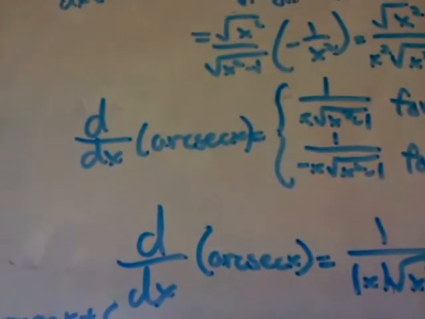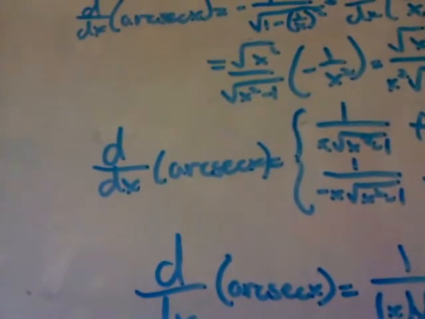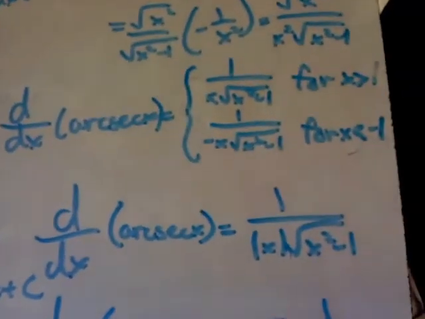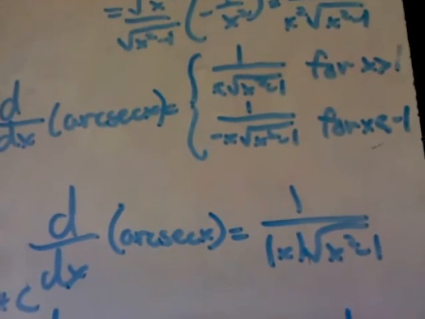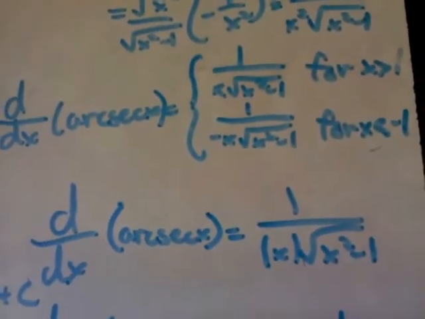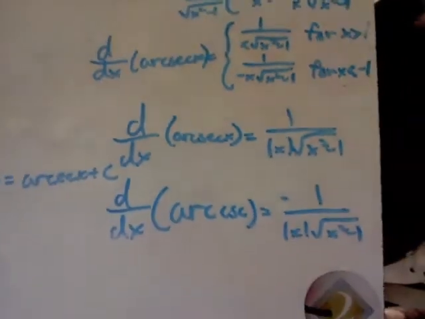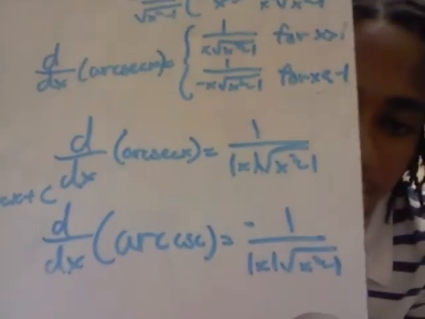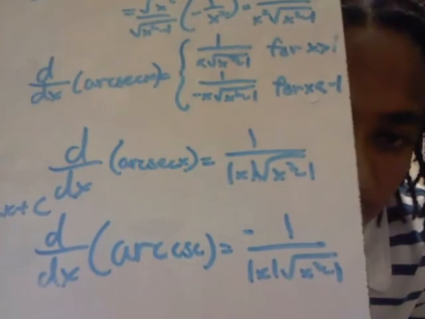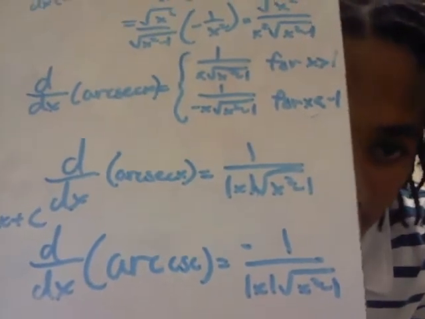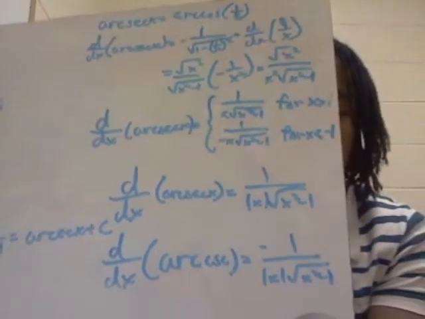The final derivative of arcsecant x will equal 1 over the absolute value of x times the square root of x squared minus 1. And that also in turn gives you the arc cosecant, which is going to be the negative of the arcsecant derivative.